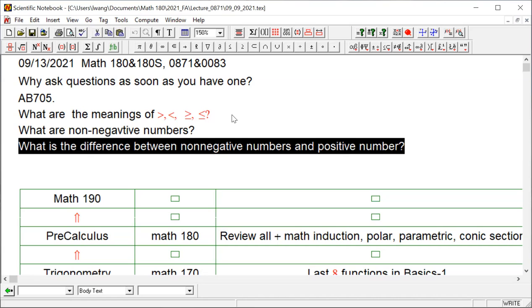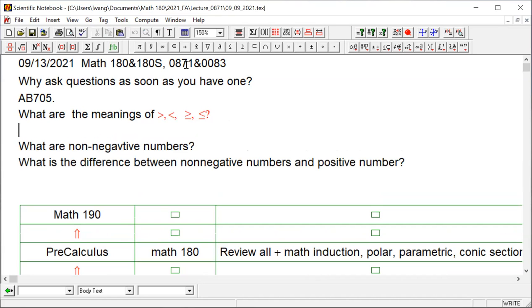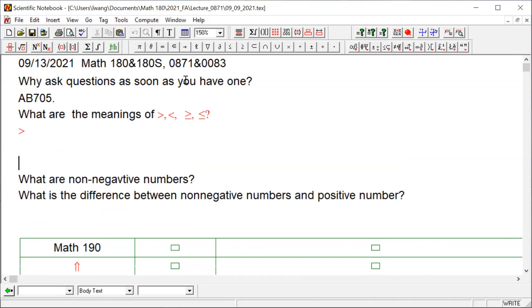So let's address each one of these issues. What is greater than? This symbol means is greater than. For example, 3 is greater than 2. This symbol is a shorthand notation for is greater than. The other symbol is less than.